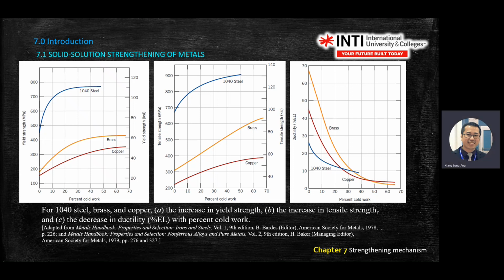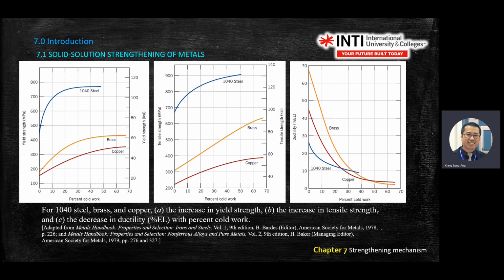What does the cold work percentage mean? It means if you want to reach 300, you need to do at least 12% cold work to meet this value for brass. Same with copper. You need 35%, then you only can reach 300. Same with here. So here you do cold work 10%, you will get a tensile strength, this one, 350.